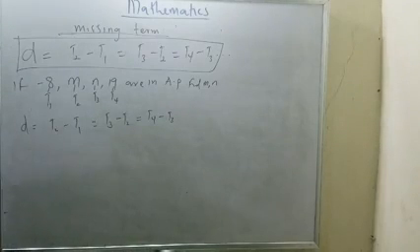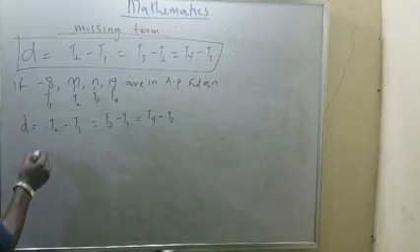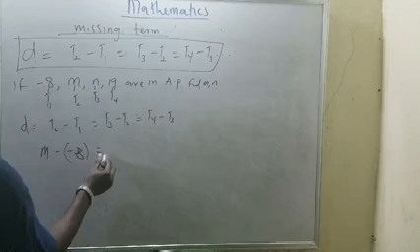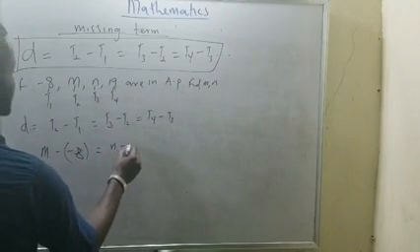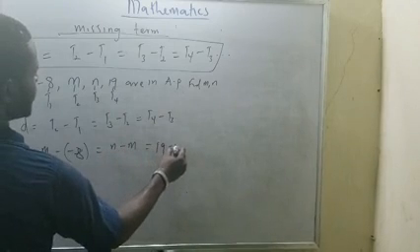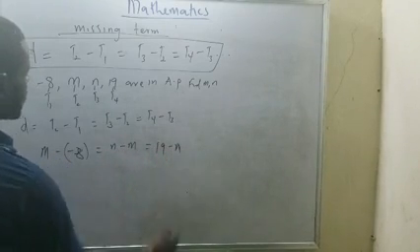Now, what is my T2? m minus minus 8 equals n minus m, equals 19 minus n. That is all about it.